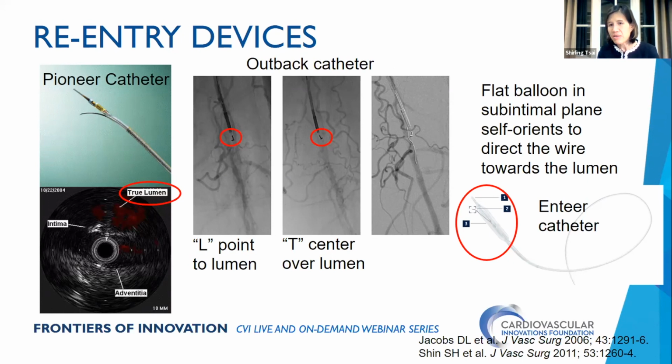In theory, this sounds like a great idea, and it actually works really well because it's such a small space that it doesn't cause a big dissection plane. The only downside is that the 014 wire sometimes is not sharp or stiff enough to poke through a thick intimal flap or a calcified flap.